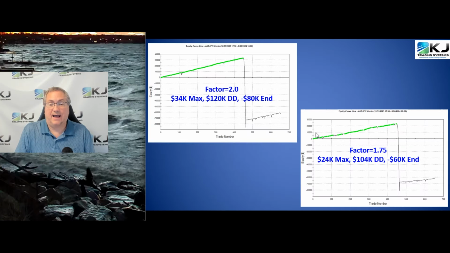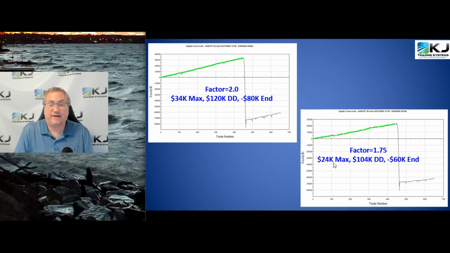That's trading one lot. Well, what about if we were to do a modified martingale? So remember, factor 2 is just your standard martingale that I showed you before, and you can see that one just collapses. But if you only used a 1.75 factor on the modified martingale, you end up better.